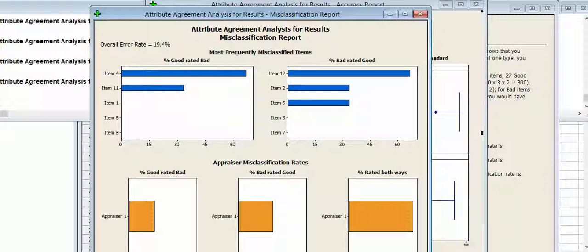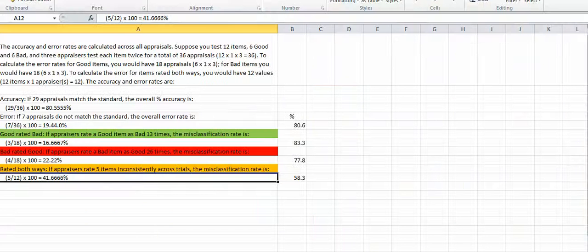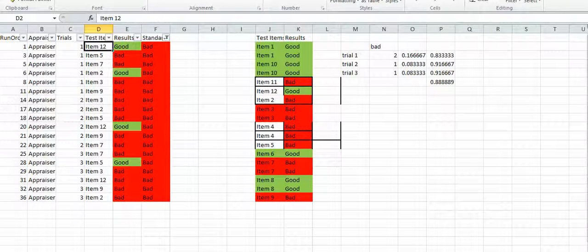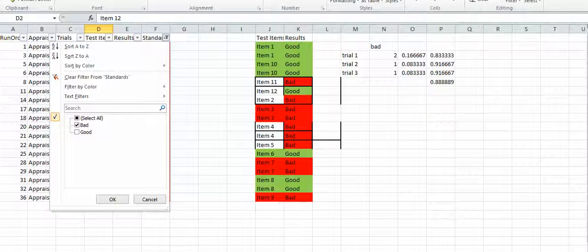Another report from Minitab would be attribute agreement analysis for results, the misclassification reports. So now you can find out the percent of good rated as bad. We had an issue on item 4, so we called it twice out of 3, 2 times out of 3, we call this item bad, or a wrong call, if you will. And for item 11, we can go back to the spreadsheet, because we have those highlighted with different colors.